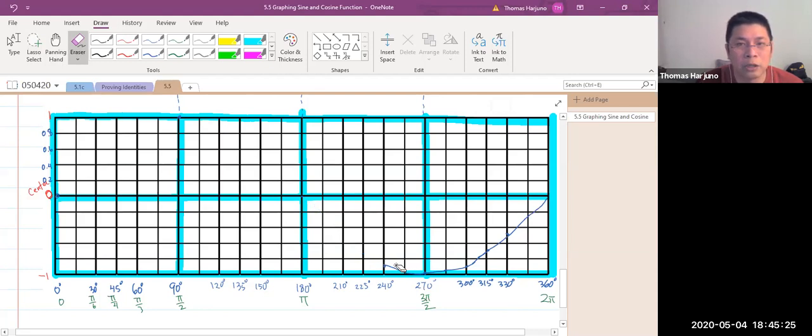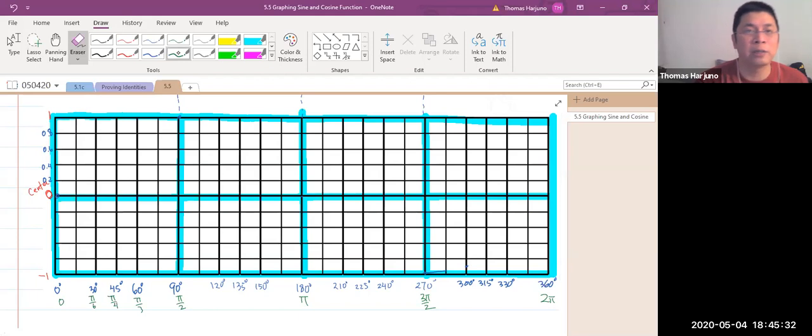You will see, using the same technique I showed you earlier, the graph of cosine will be actually very similar, but I will start from here.